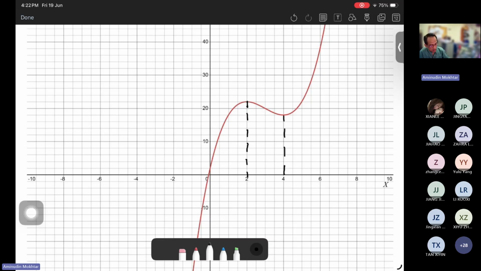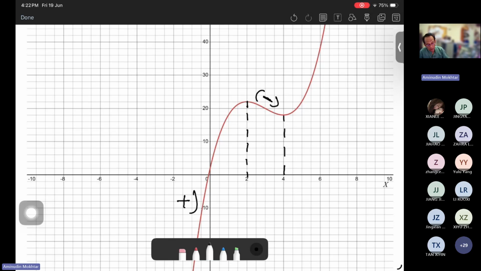Before 2, the slope of the function is positive. As you can see here, the value of y increases. But between 2 and 4, the value of y decreases, or the slope of the function is negative.